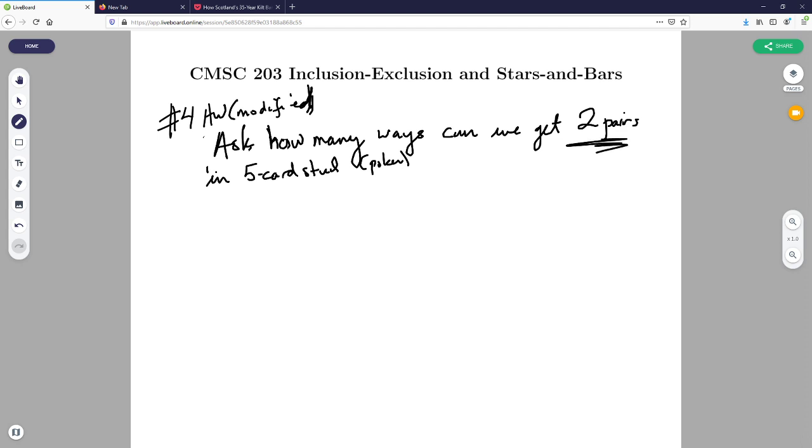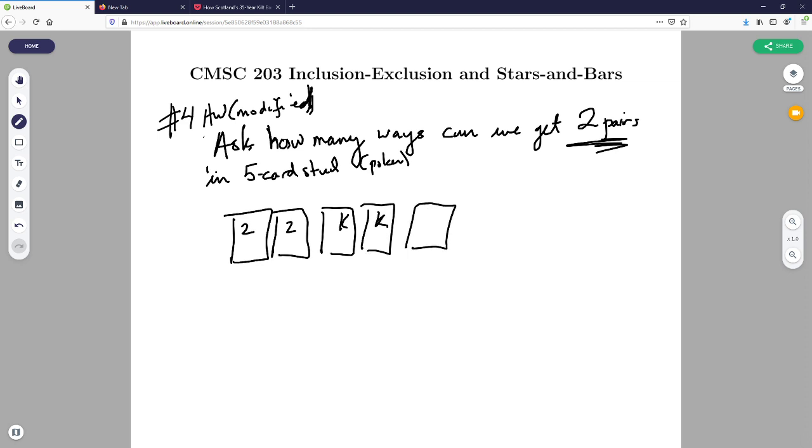Two pairs means that we get, say, a 2, a king, and then say a different card, so a 5, right? So what are the choices that we have to make? The first choices are what type are the pairs, right? So there's one pair and there's another pair. So we have to choose 2 different types for the pairs.